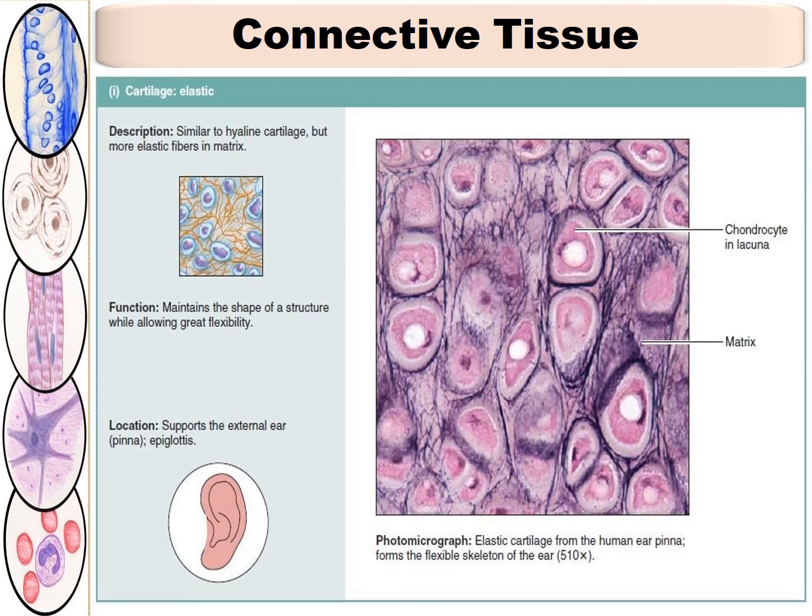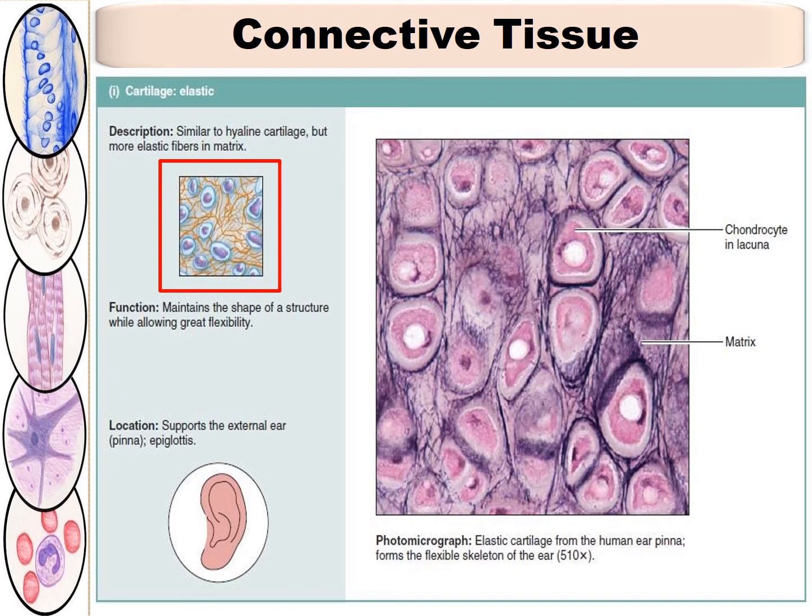Then the ninth type of connective tissue is the elastic cartilage. The elastic cartilage is similar to hyaline cartilage, but more elastic fibers are there in the matrix. Mainly, it maintains the shape of a structure while allowing great flexibility, which is the major function of elastic cartilage.